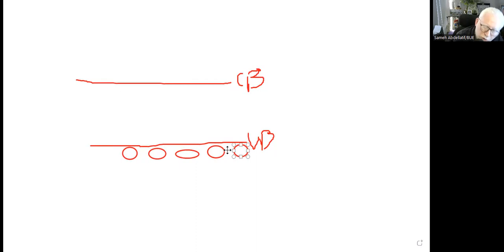These electrons are so far bounded electrons. If you remember the energy band theory, these electrons are bounded electrons.